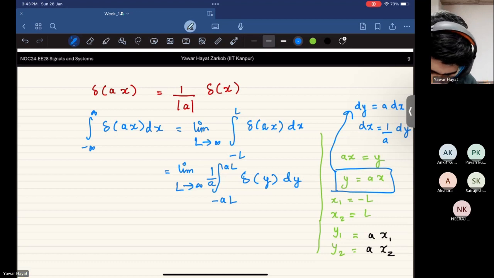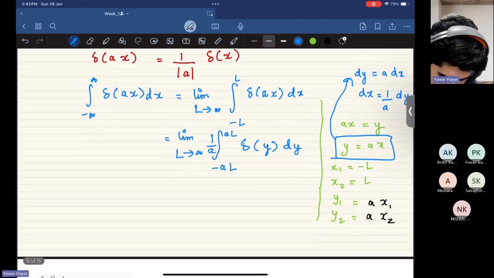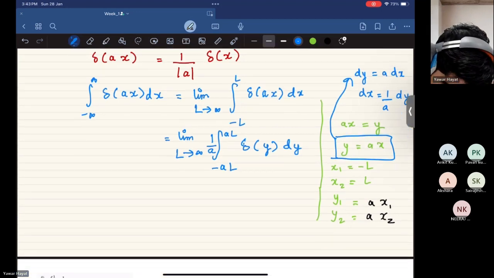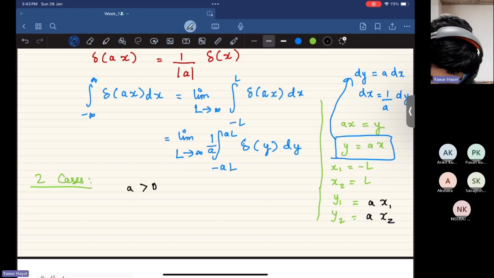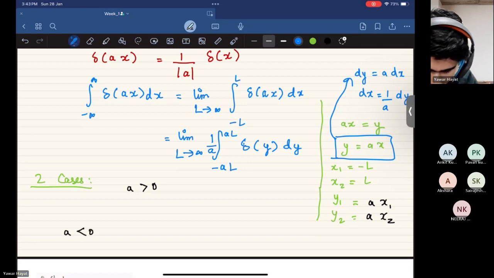Now, there are two cases, right? The case when this a is greater than 0 and the case when this a is less than 0, right?